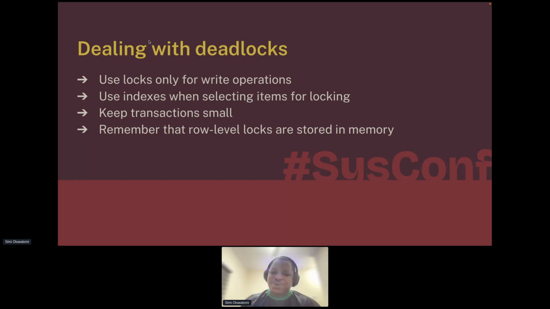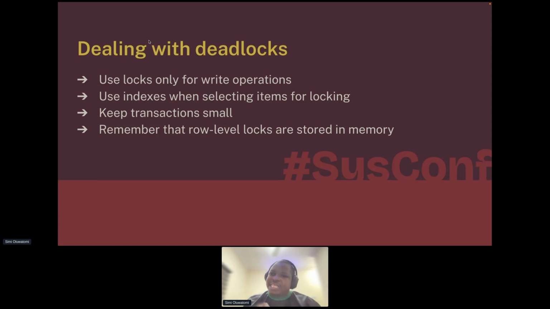Number two, when you want to acquire a lock, use your database indexes. So your indexes are like your keys, like your super key, your candidate key, your primary key. Use those so that you are not selecting a large number of rows, right? You want to select something, just one. So write your SQL queries to lock only that attribute.